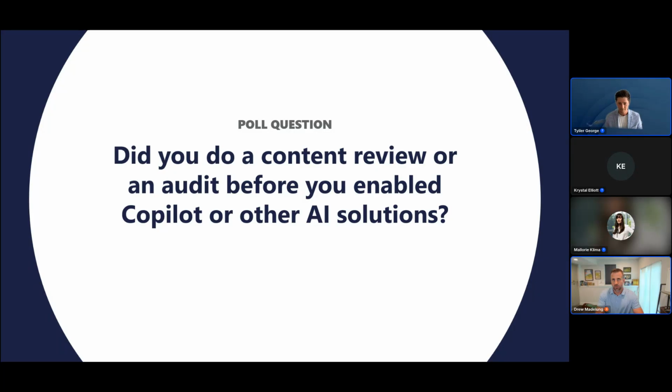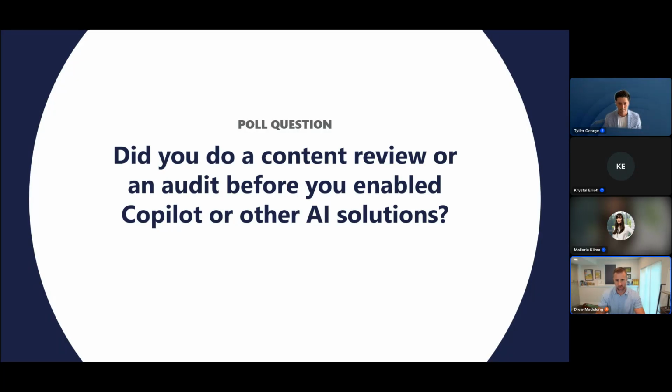When we've done these content reviews, we've focused a lot on permission management and access to the information. That's the first thing we look at: are there any glaring areas, sites, containers, or anywhere this content exists that have something out of the ordinary?